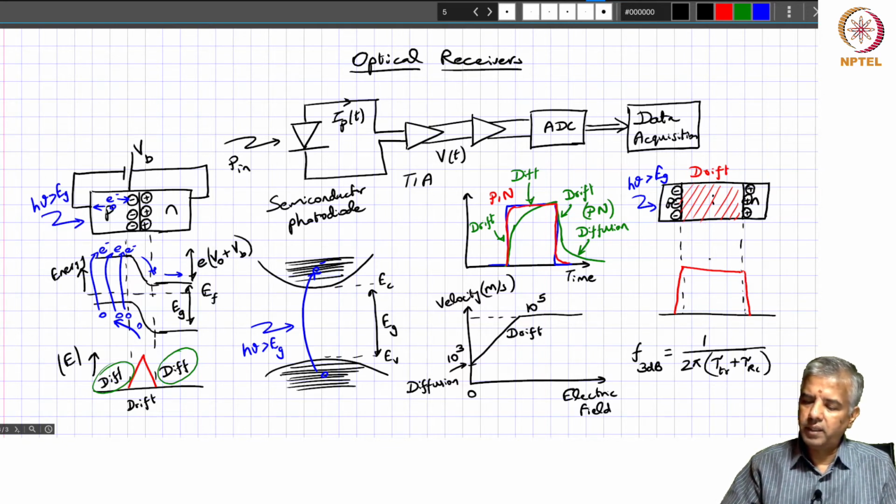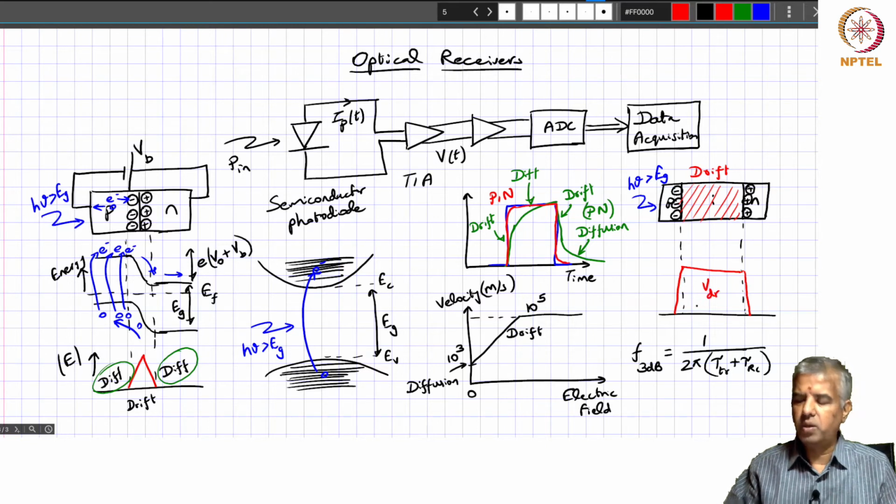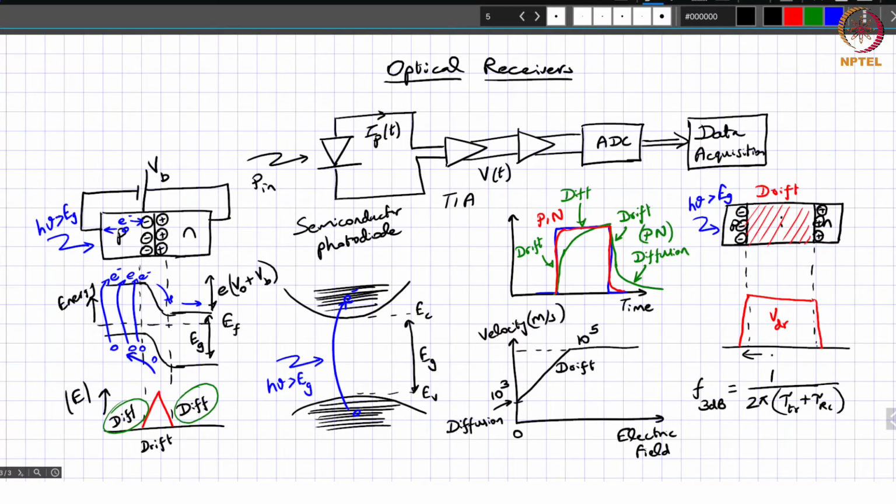So we know that in this region you have this drift velocity, and so for any carrier that has to traverse across this region, let's say this entire region is of width W, then tau TR would correspond to W over the drift velocity.